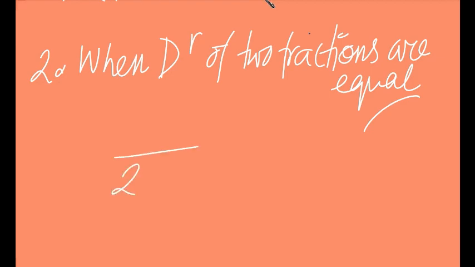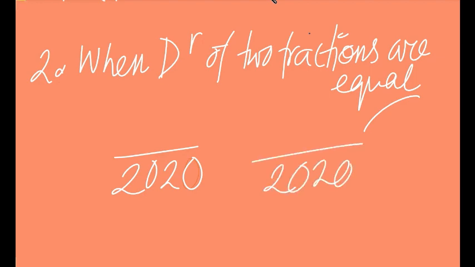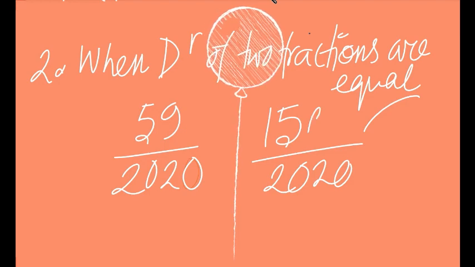So let's write 20 and 20, and here also let us make the denominator same, 20 and 20, and then let us see what do we have. Let us give here 59 and here 150.